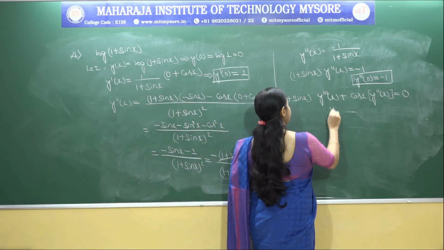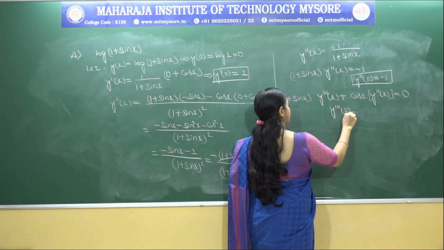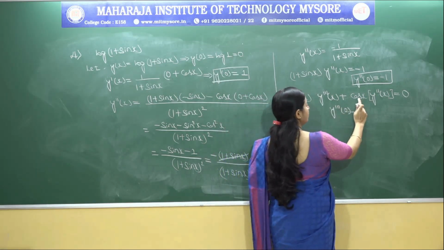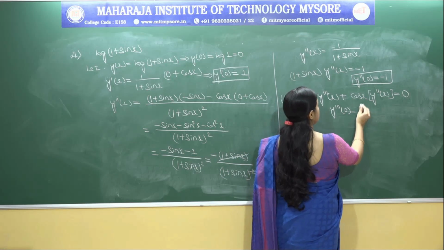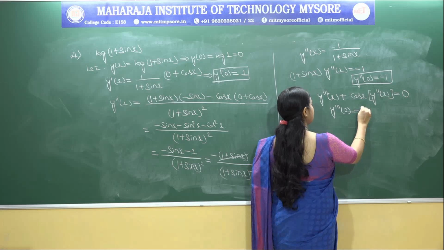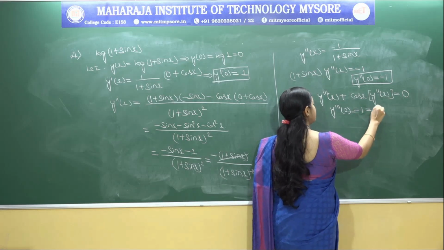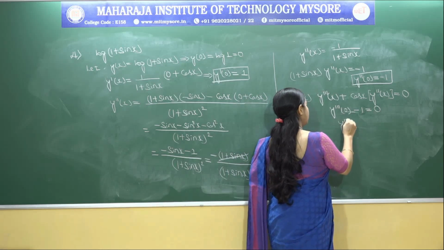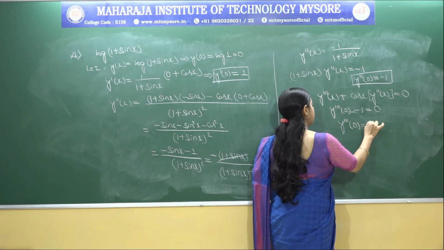So the third derivative of 0, here 1 plus sin 0 you will get 1. The cos 0 is 1. The second derivative, the term is minus 1. This equals 0. So we will get the third derivative of the given function equals plus 1.